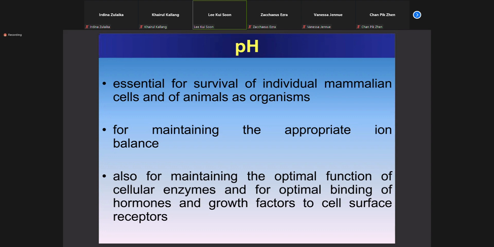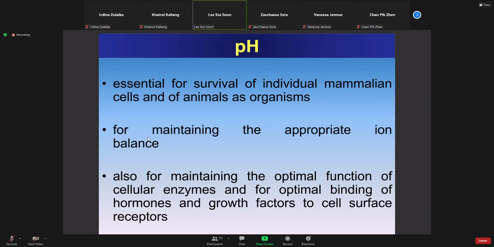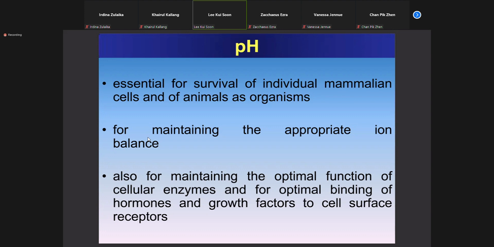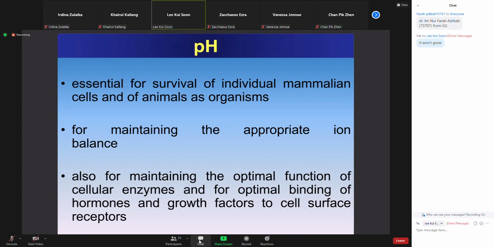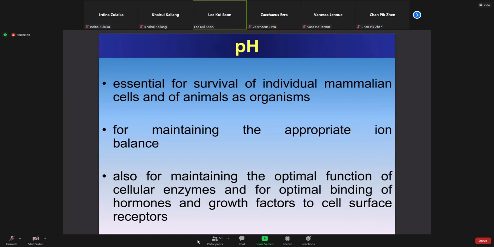You still remember what I told you this morning? For some of you who attended my lecture this morning for developmental biology, we have the transmembrane proteins, right? There are so many proteins that sit on the membrane bilayer.